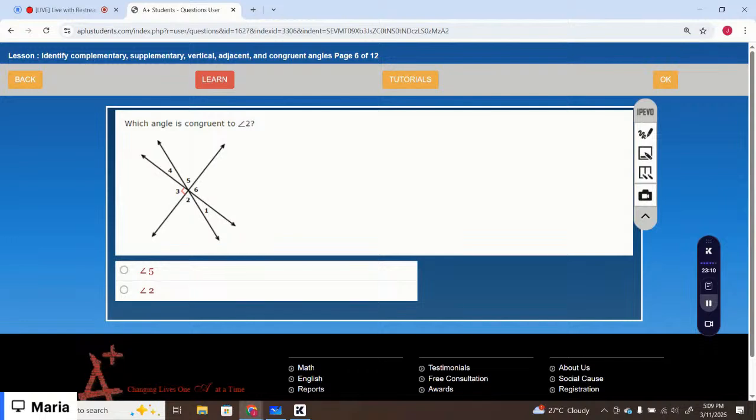Which angle is congruent to angle 2? The angle that is congruent to angle 2 is angle 5. Option number 1 is the correct option.